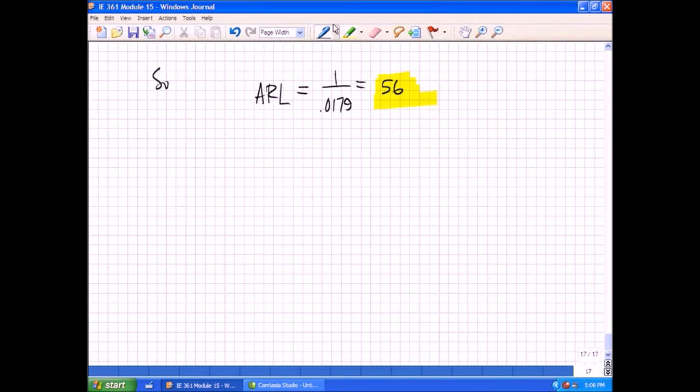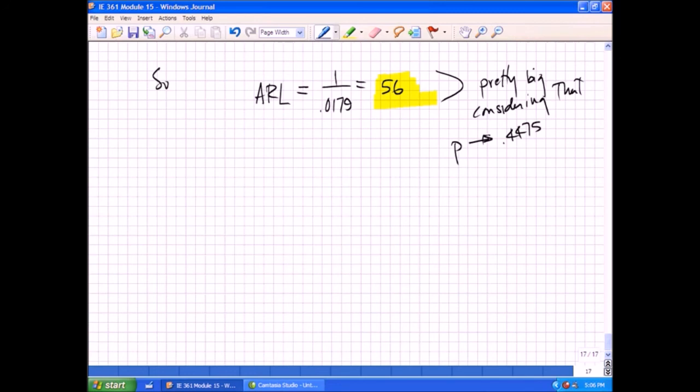This is pretty big, considering that P has gone from 0.2420 to 0.4475.